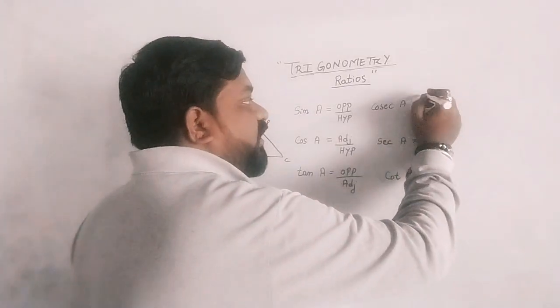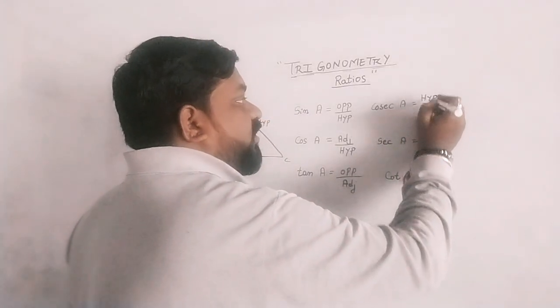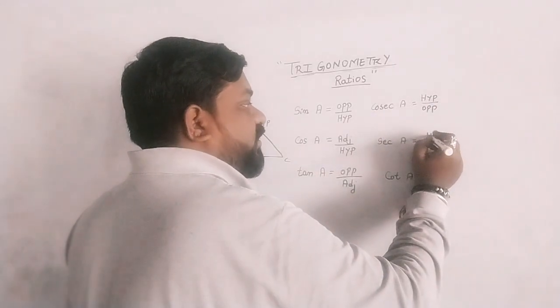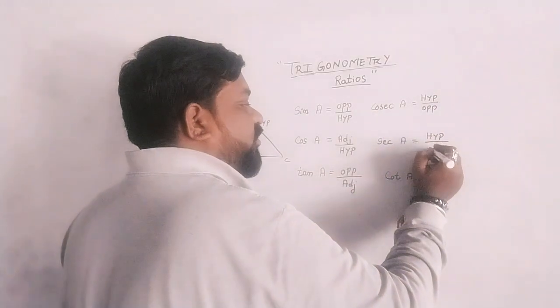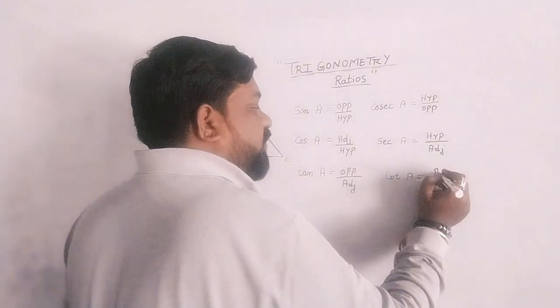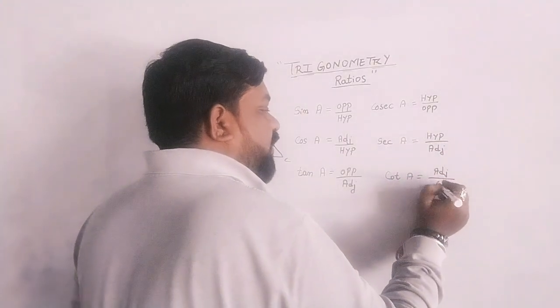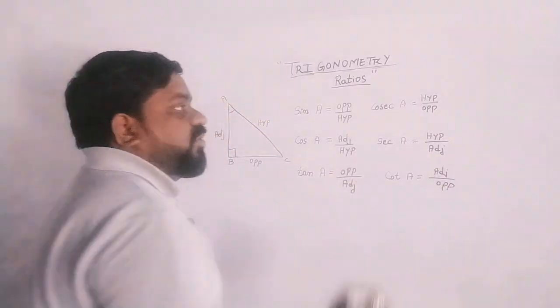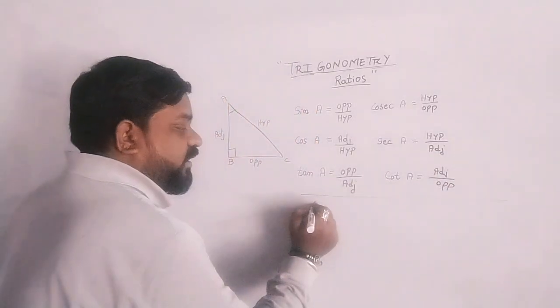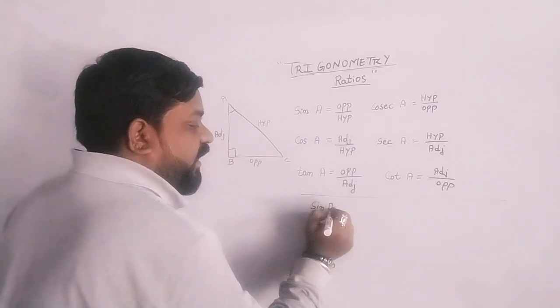The cosec A is hypotenuse by opposite, sec is hypotenuse by adjacent, and cot is adjacent by opposite.